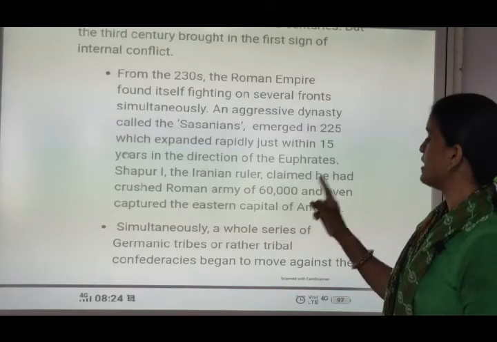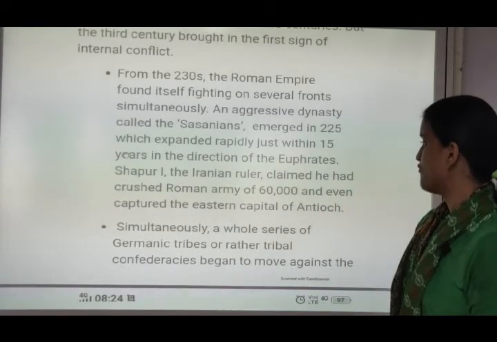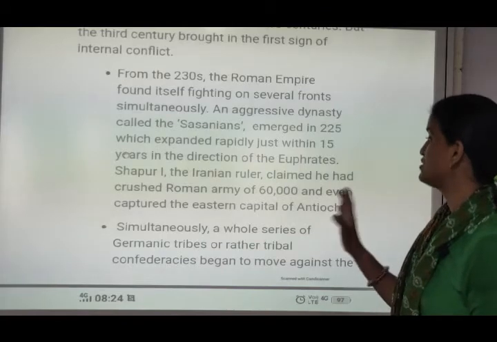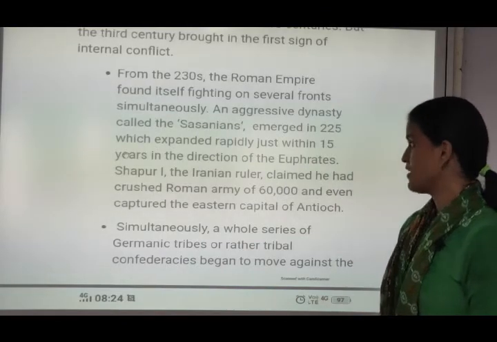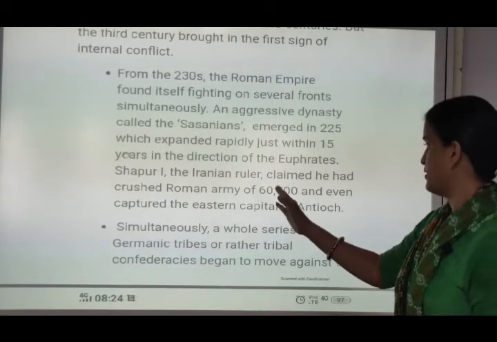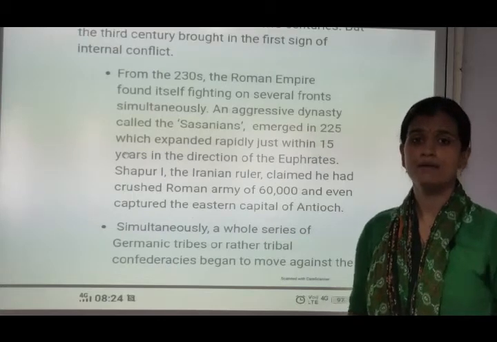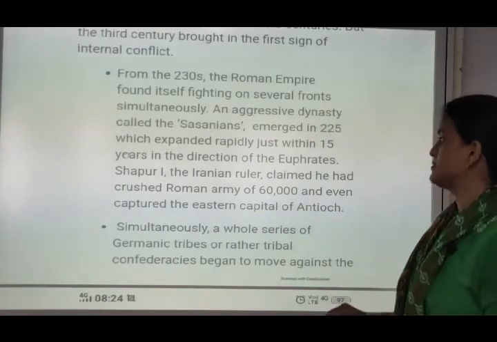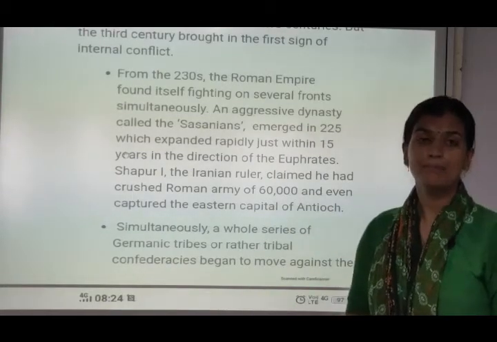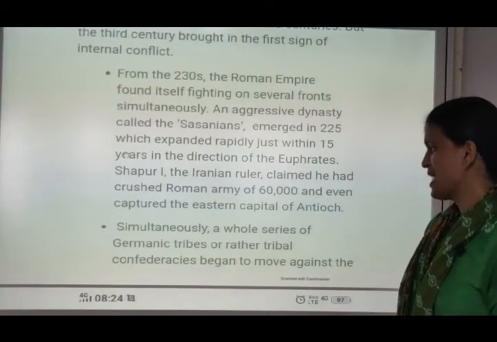Shapur I, the Iranian ruler, claimed he had crushed a Roman army of 60,000 and even captured the eastern capital of Antioch.